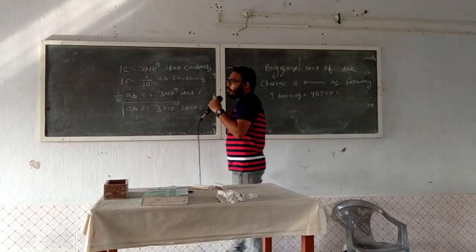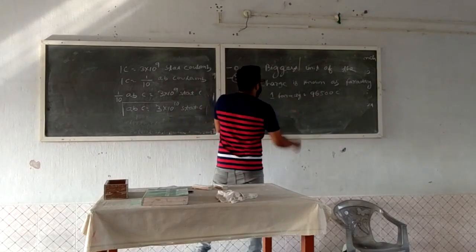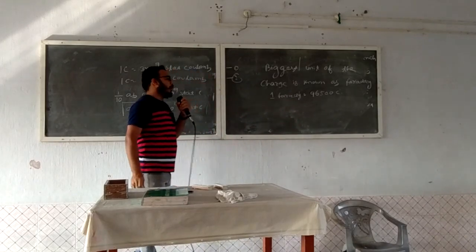Okay, 1 Faraday equal to 96,500 coulomb.